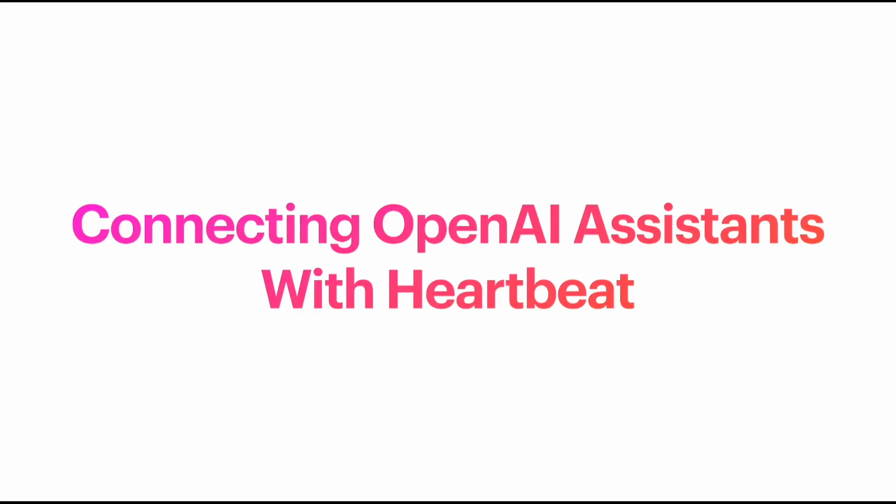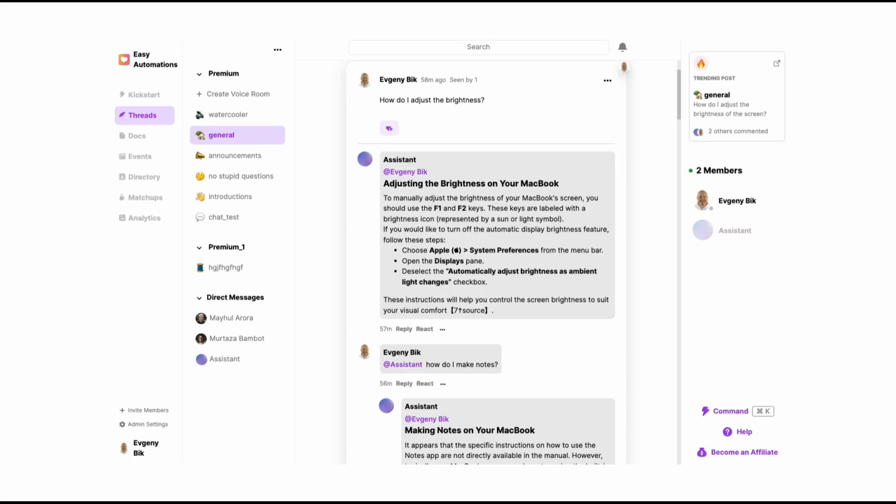How we're going to connect OpenAI assistants with Heartbeat. Here's an example. I've created a test community here, and what I want you to have a look at is essentially what we're going to be doing. If you see, I have pointed the assistant to work in the general channel, which is currently selected. And as you can see, I've started a thread.